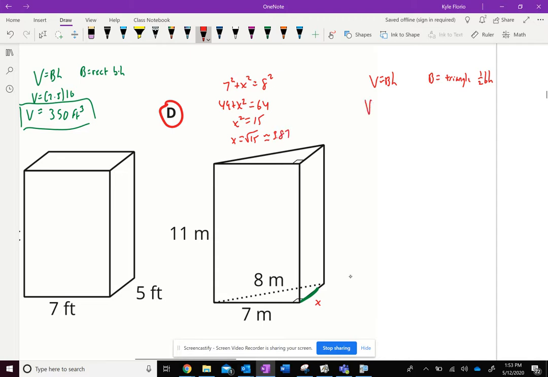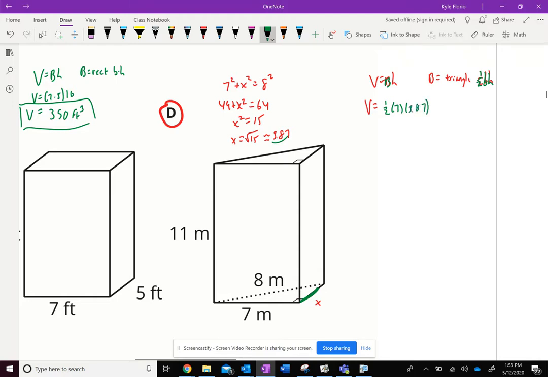So here we can now calculate the area of the base, which is 1/2 base times height. So do that in green, I think. So 1/2, the base is 7. The height is 3.87.